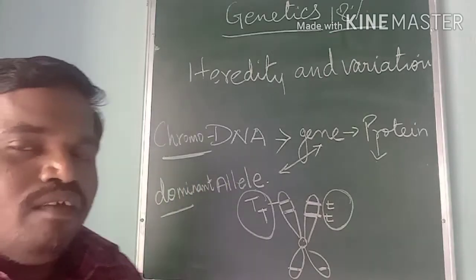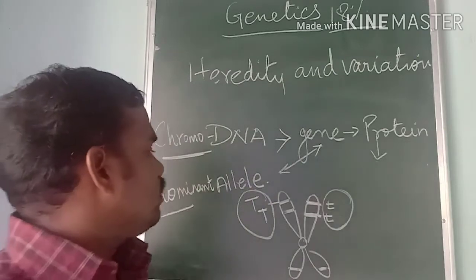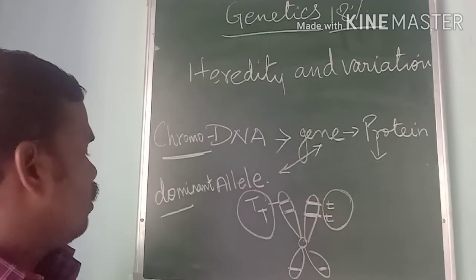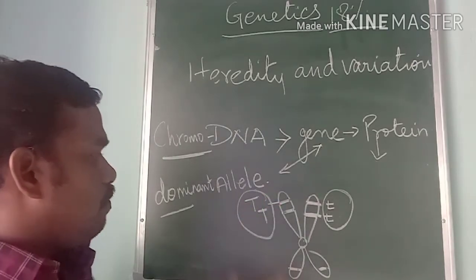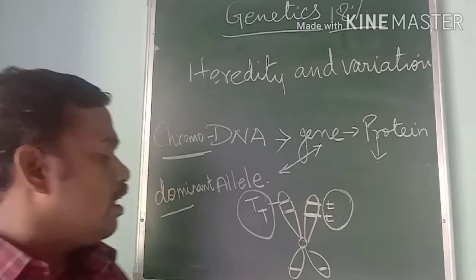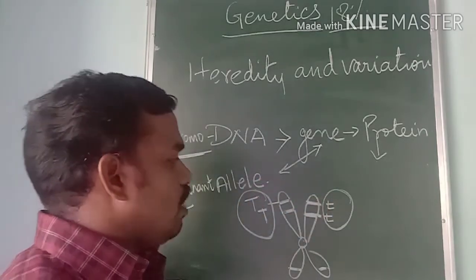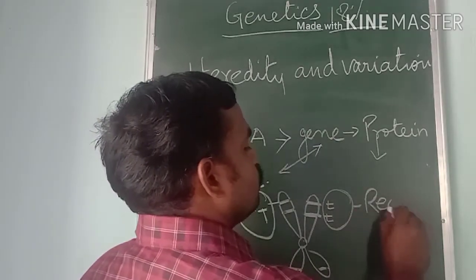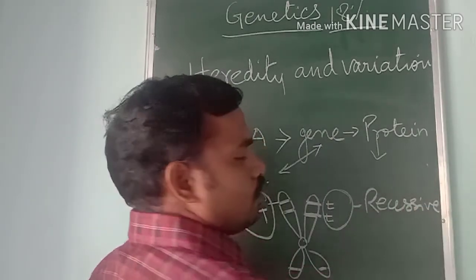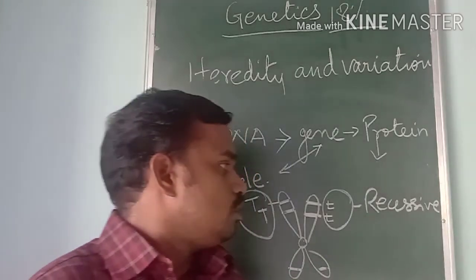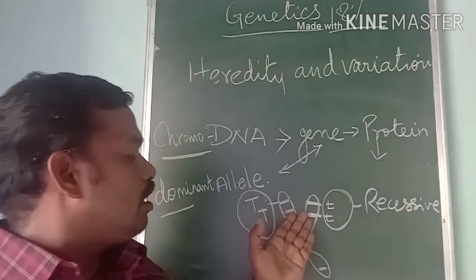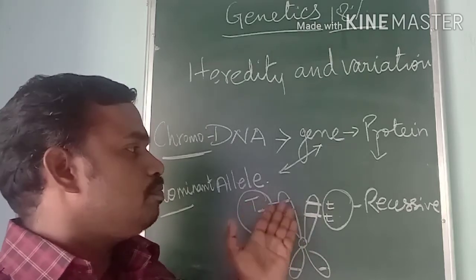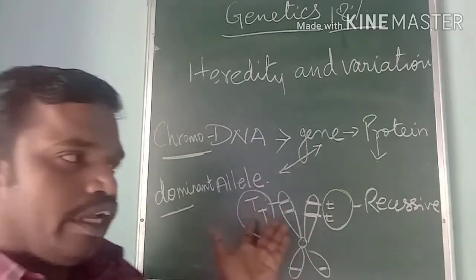Alleles are always in a pair. Look at this, it's always in a pair. Certain alleles, the allele of factors, are not able to express themselves, so thereby it is considered a recessive allele. If the allelic pair is the same, then it is a homozygous condition.